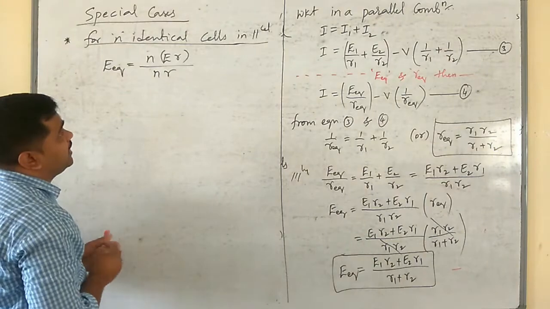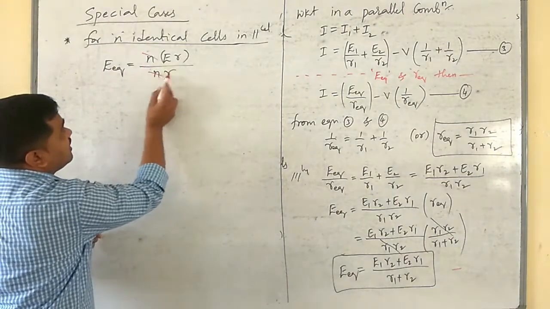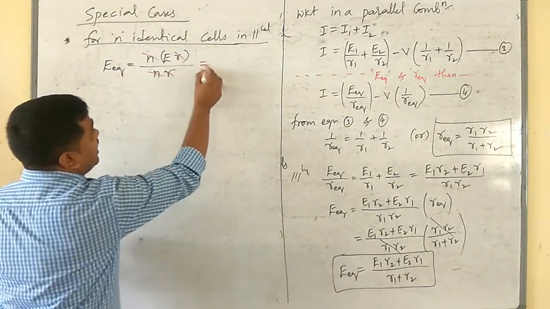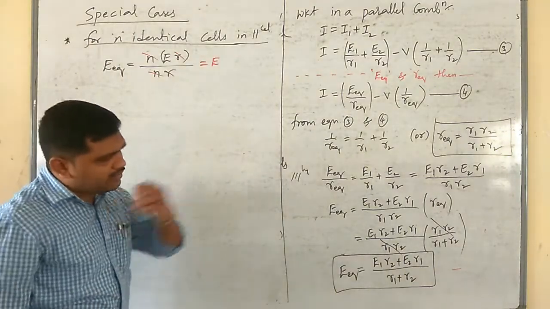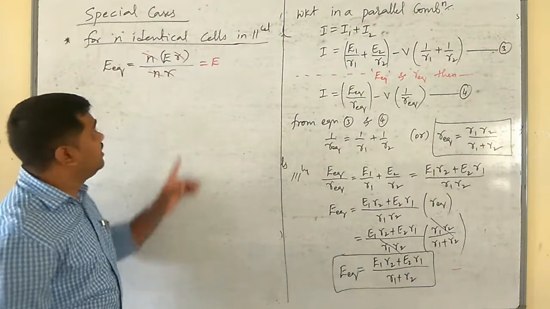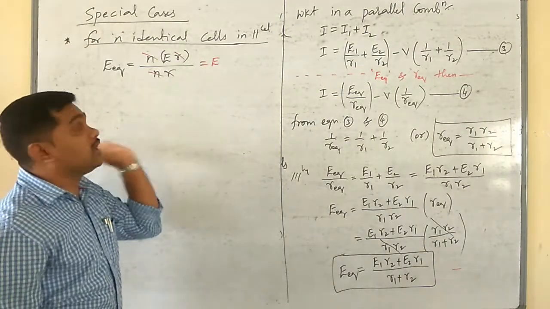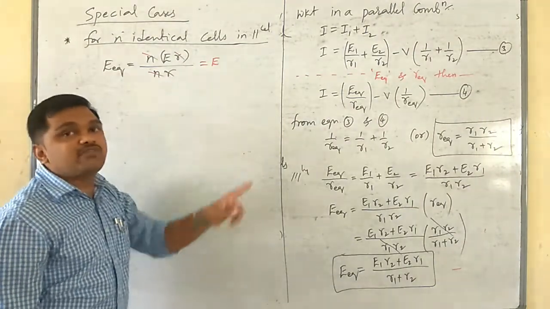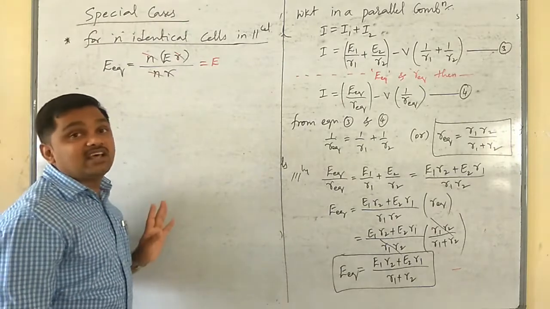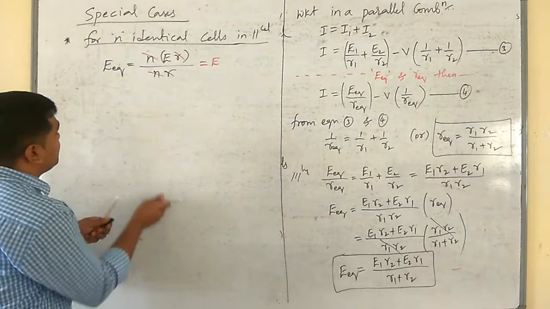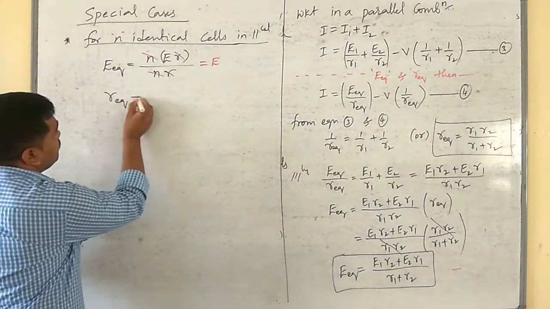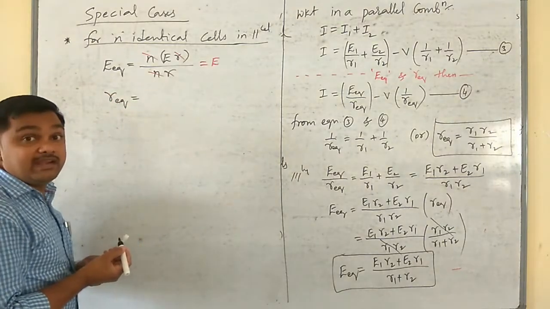Therefore, n will cancel, r will cancel, and what is the remaining thing? E. It means whatever may be the number of cells in parallel, the equivalent or effective EMF will be the EMF offered by only one cell, or single cell. Similarly, what is the value of r equivalent?